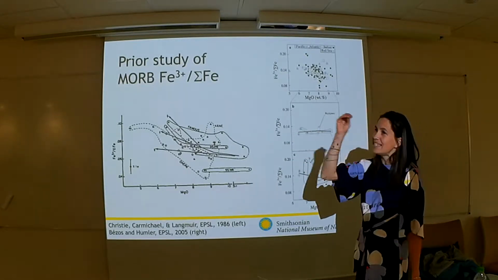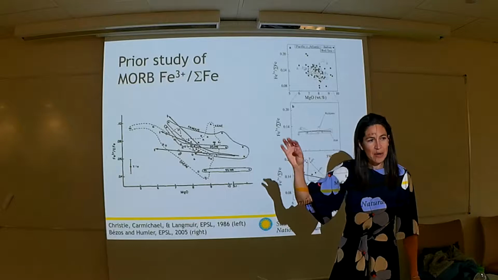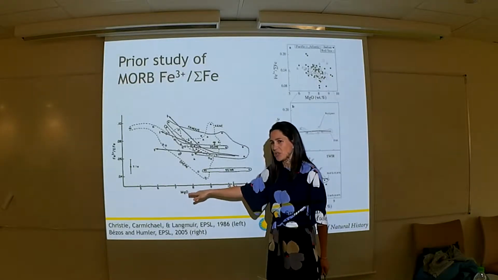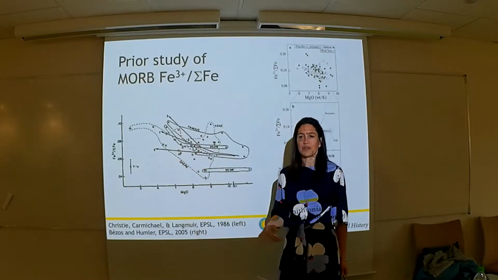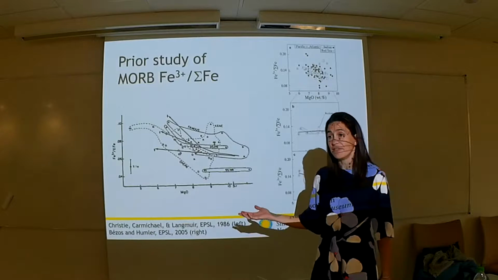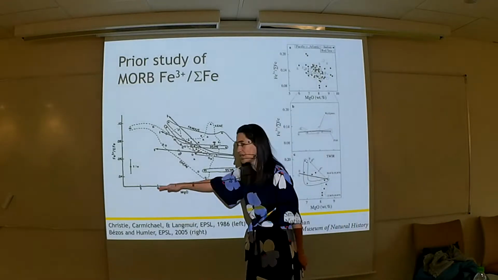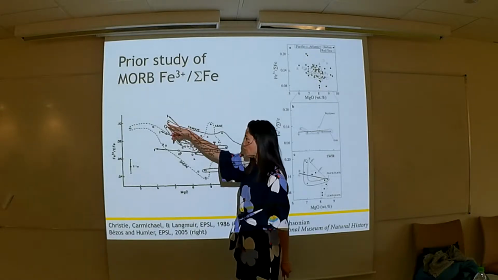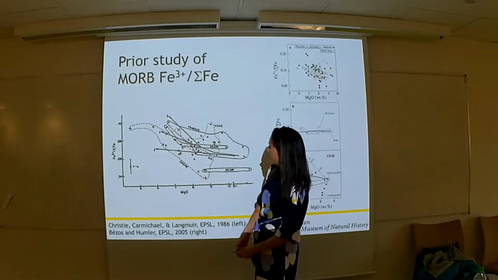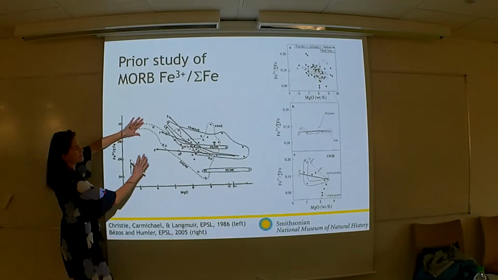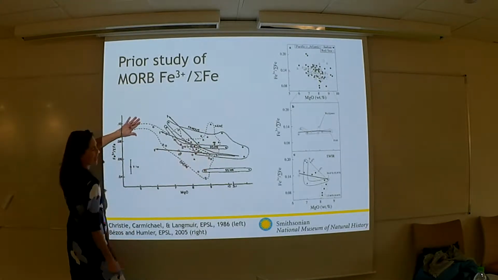The idea was that they would see a really nice correlation between MgO and Fe3+ to total iron. The idea is that 3+ iron, ferric iron, is incompatible in olivine. So as olivine fractionates from the basalt, the Fe3+ content would rise. But actually, if you remove this one point, there's essentially no trend at all.